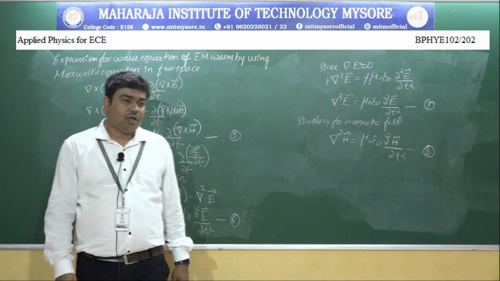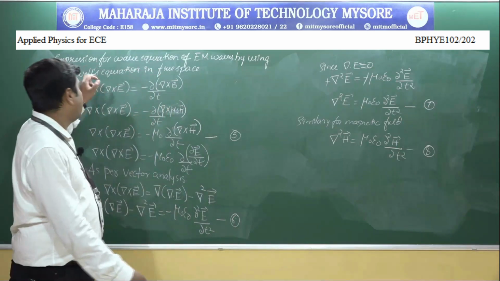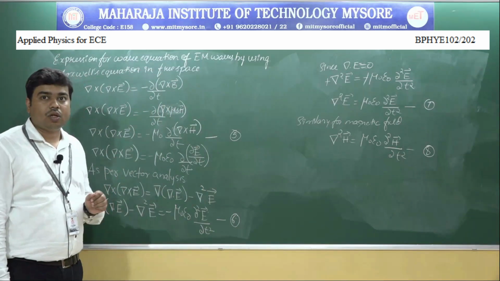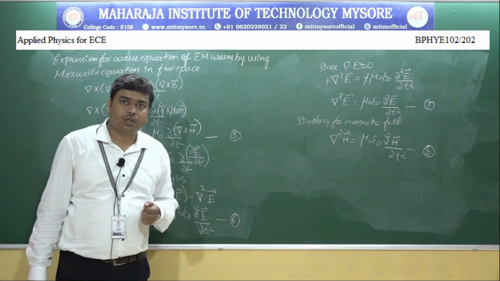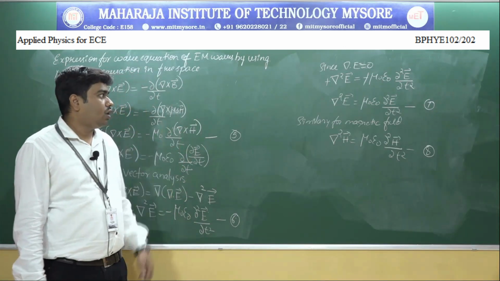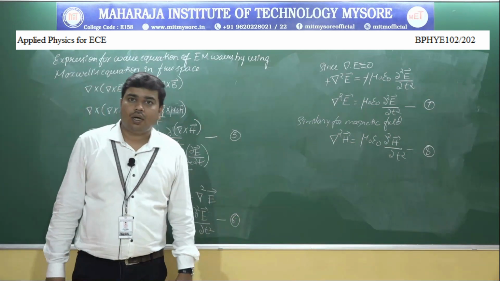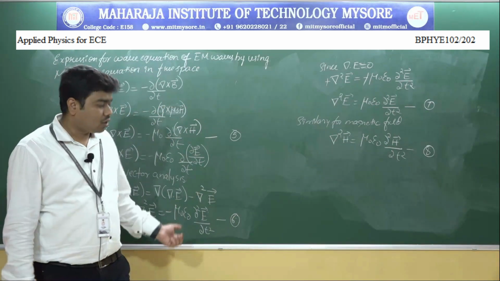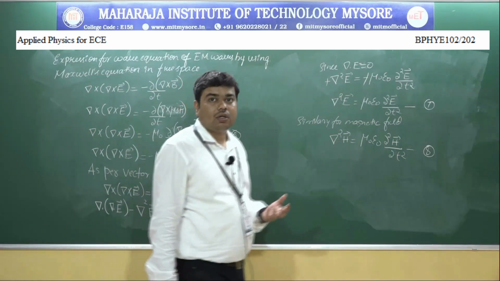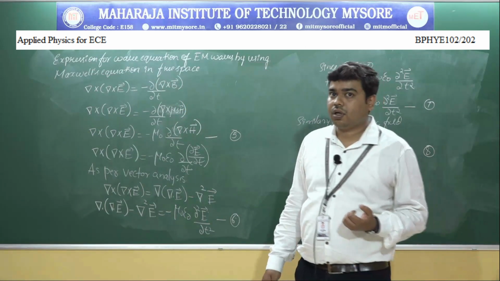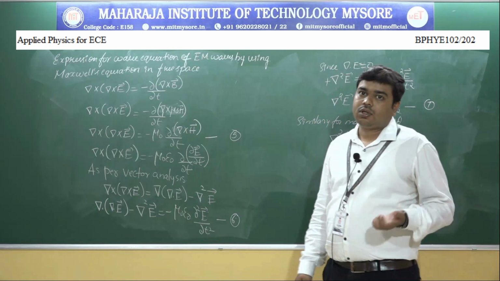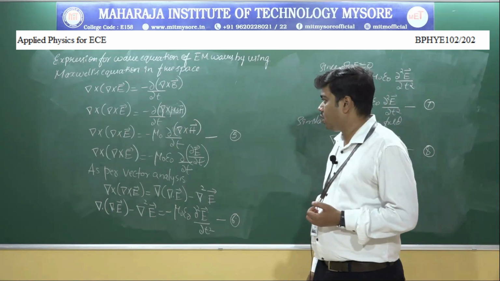So, equations 7 and 8 are the wave equations for electromagnetic waves, which we have derived using Maxwell's equations, where equation 7 is the electric field equation and equation 8 is the magnetic field equation. So, this is how we can derive the wave equations for electromagnetic waves using Maxwell's equations, right.